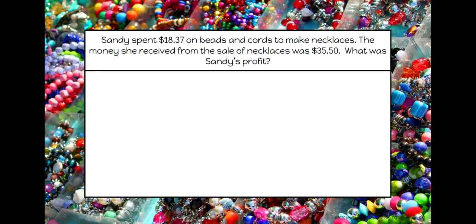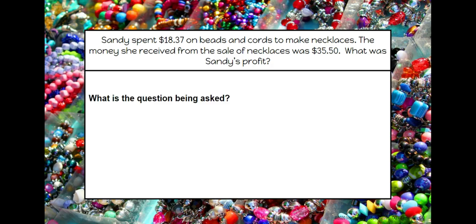So just like we do in class when we do the solve method, let's start with a basic question. What is the question being asked in this problem? What question are you solving for? What was Sandy's profit? That's the question.